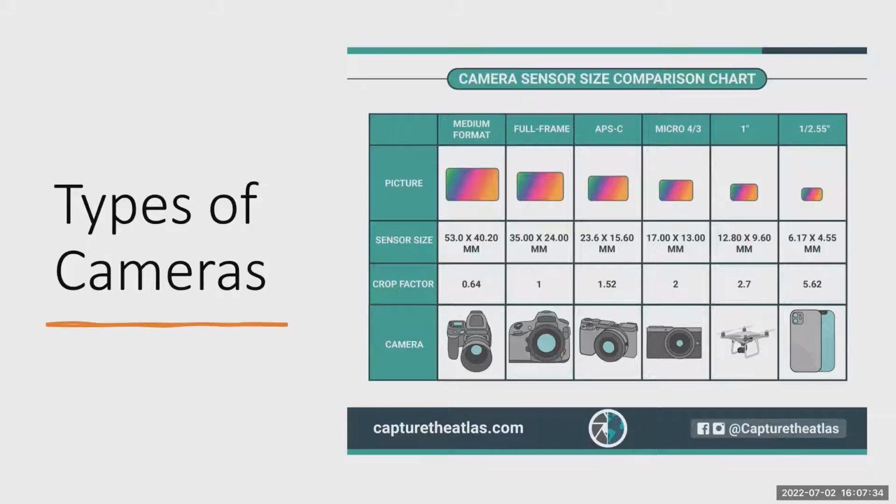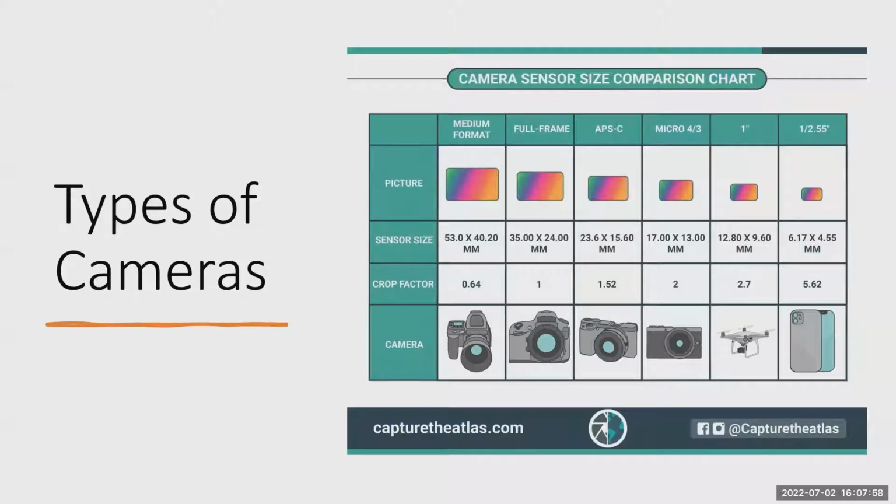The main difference among these different devices is that the sensor size is very different. The mobile phone cameras today probably have the smallest sensor, and then the drone cameras probably the next bigger, and so on and so forth.